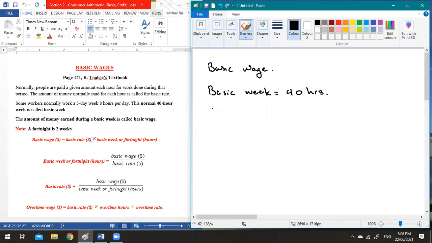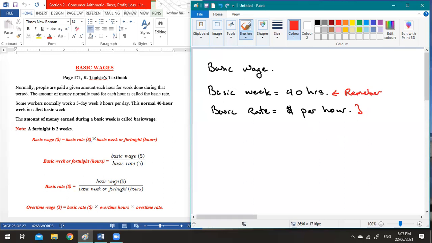The basic rate is the amount you get paid per hour. These two things are very important to remember, off the top of your head. And this here will change depending on the question.